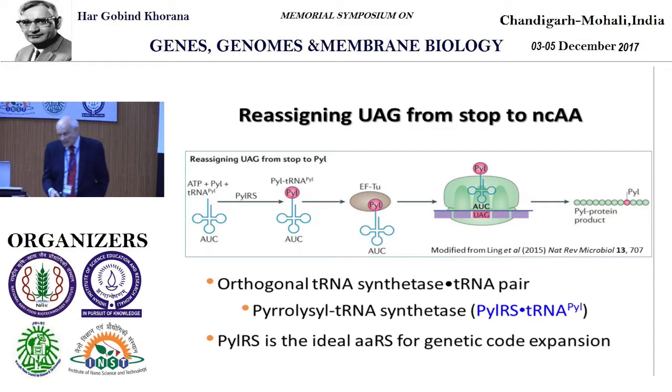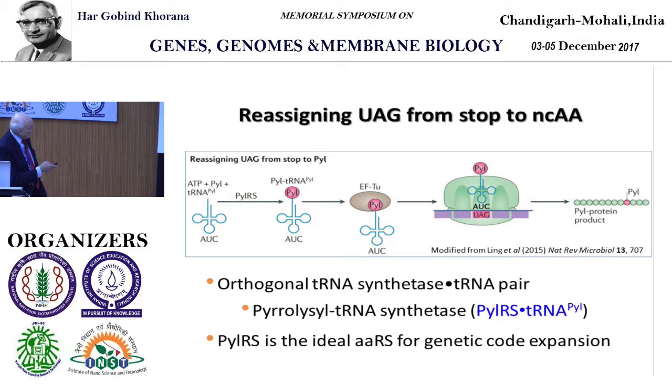And this is what has been done over the last 10 years in many instances, and I'll give you examples. So you have an original orthogonal amino acid tRNA synthetase pair, and this pair, for instance, pyrrolysyl tRNA synthetase and tRNA Pyl, should not interact with the other amino acid tRNA synthetases of the organism, nor should the tRNA be charged by any of the synthetases of the organism.